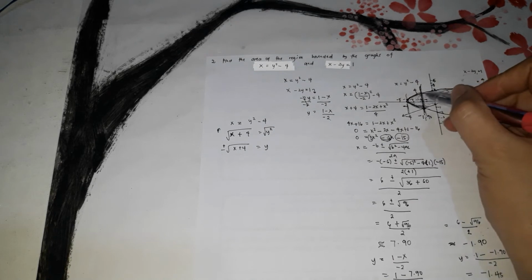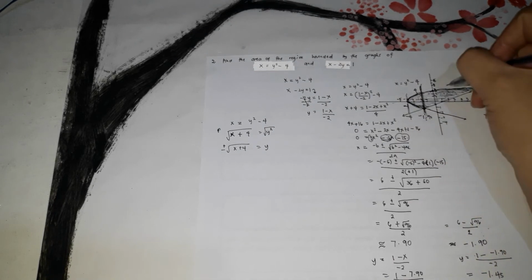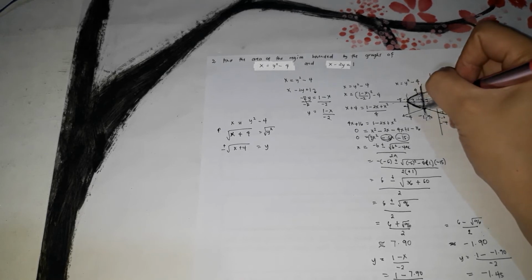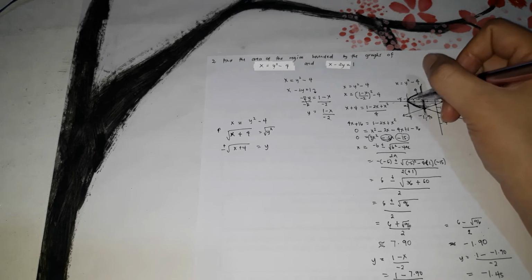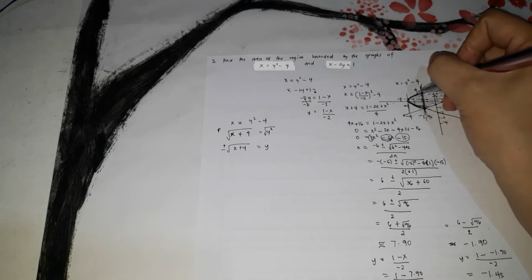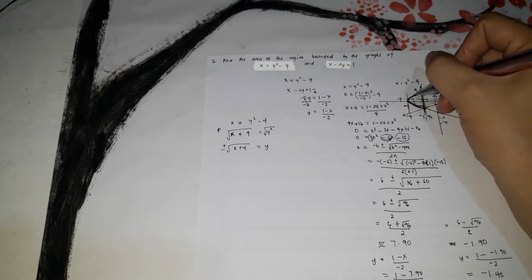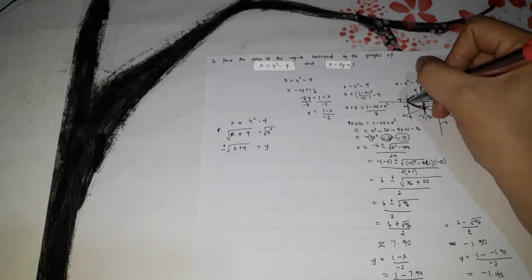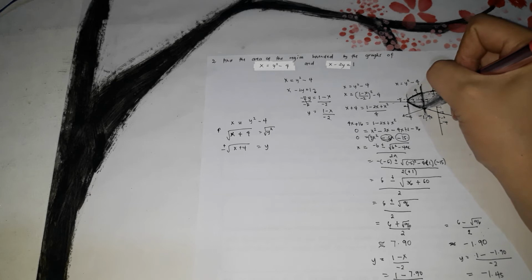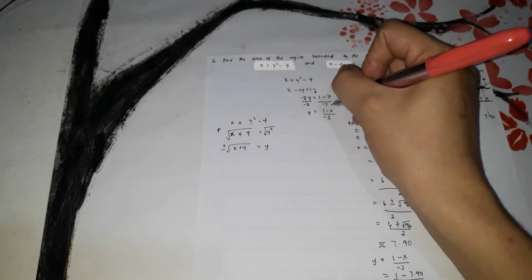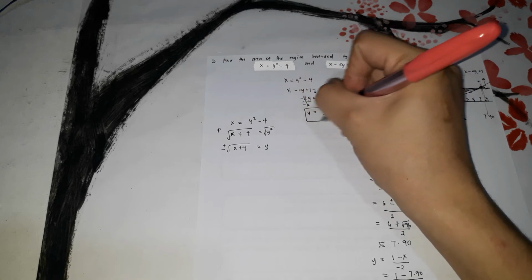Itong nasa taas ng x-axis, yan si positive square root of x plus 4. Ito namang sa baba, yan si negative square root of x plus 4. So these are the two equations.